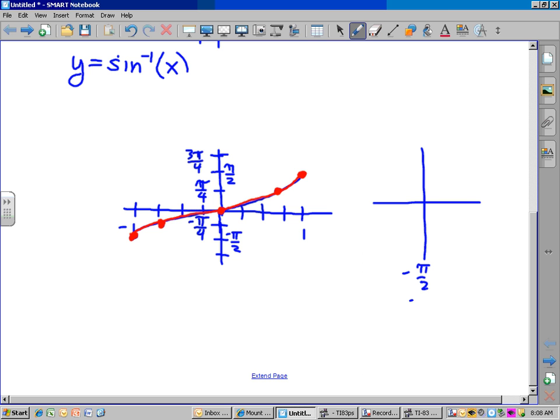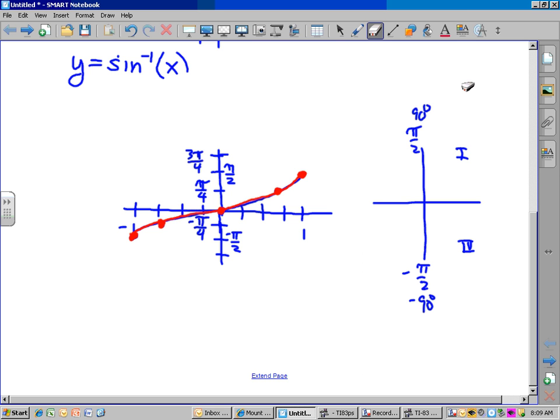Negative pi over 2 or negative 90 degrees to where? Pi over 2 or 90 degrees. So it's going to cover quadrants 1 and 4. Any angles in there? Not 2 and 3. Not exactly. Cosine would cover 1 and 2. Inverse tan would cover 1 and 3. So you actually will hit them all. Okay. But you will be somewhat limited in what your answer will be.